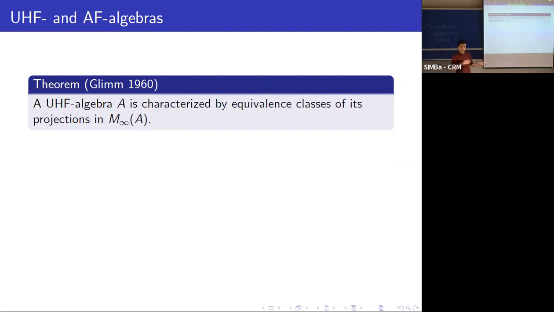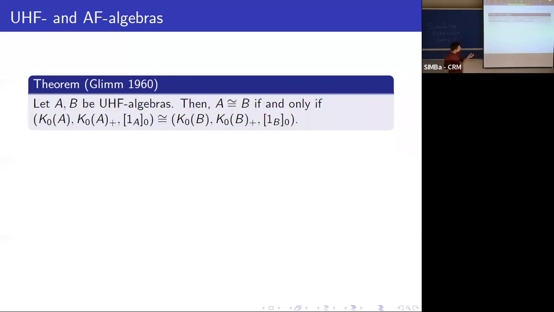And with this, you can tell two UHF algebras apart by only looking at those equivalence classes. The formal way of saying this is that if you have two UHF algebras, then they are isomorphic if and only if their ordered K0 group is isomorphic. Again, I'm not going to say what this is, but essentially, this is an invariant that you build by looking at equivalence classes of projections. That's all there is. And in general, this appears in many fields in mathematics. This is known as K-theory.